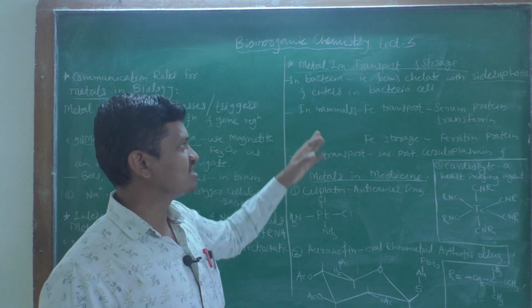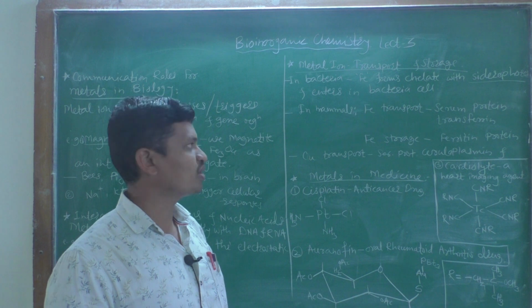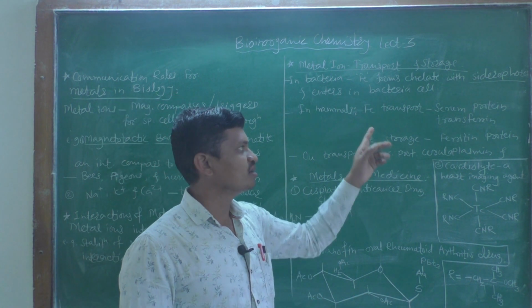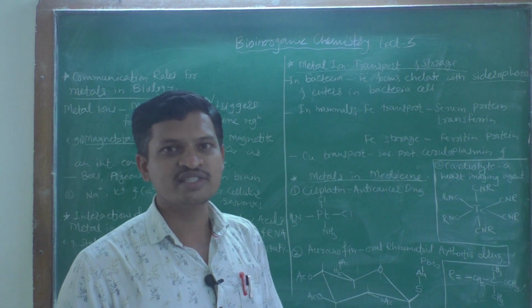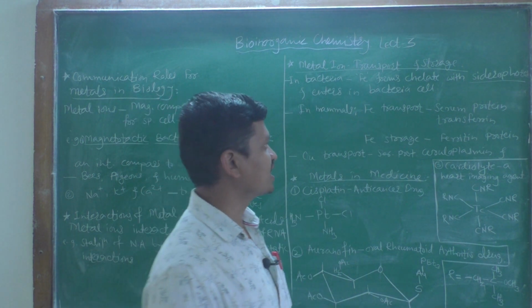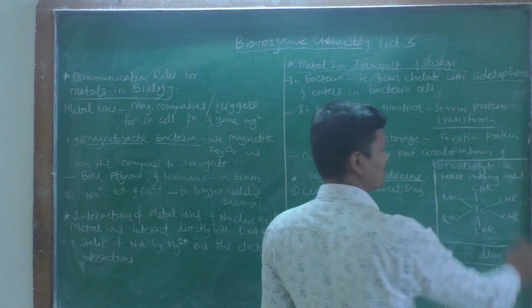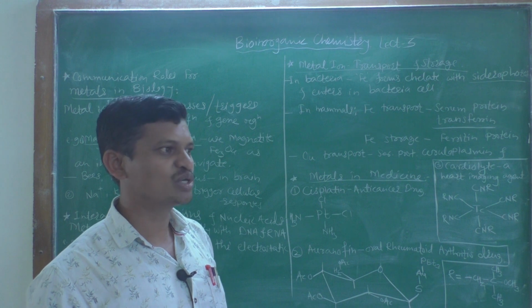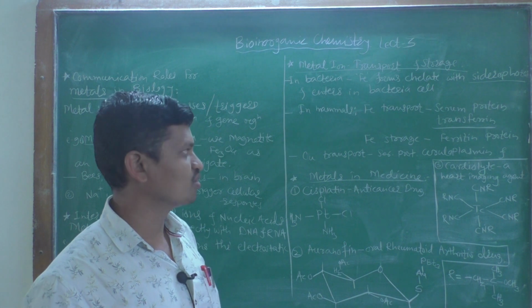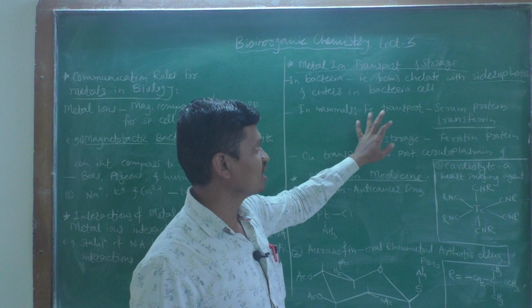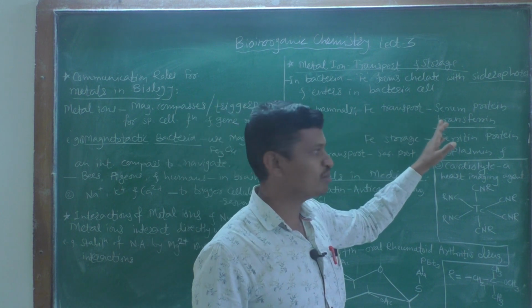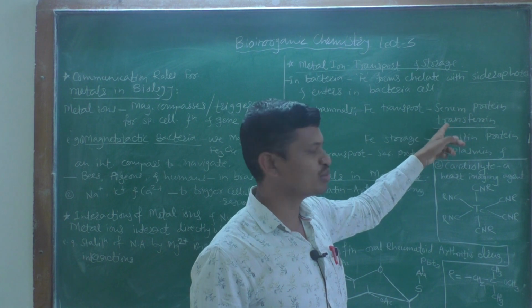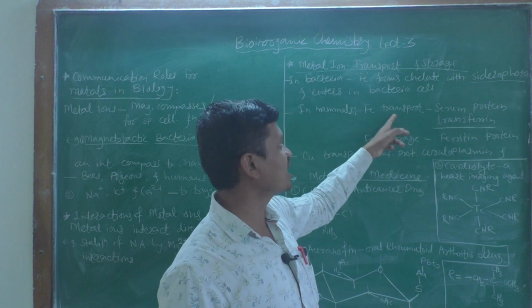Then in mammals, that is in mammalian organisms, the iron transport is done by a serum protein known as transferrin. Mammals are the organisms which are able to give birth to young ones, and in such mammals the transferrin protein is used for the transport of iron.